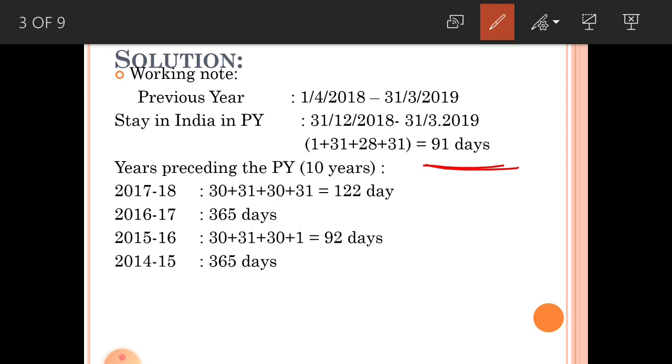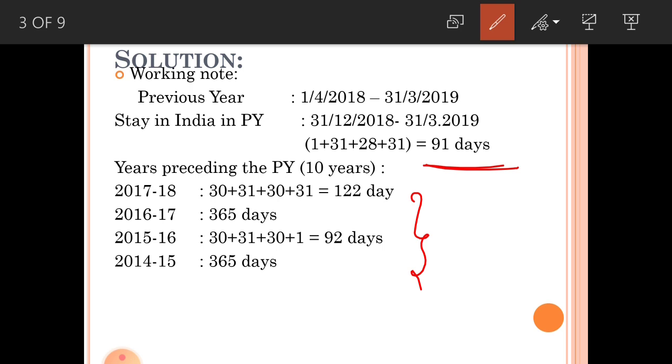Next he has to fulfill one more condition, that is 365 days in the 4 years immediately preceding the previous year. See here, 2017-18, 2016-17, 2015-16 and 2014-15 are the 4 years preceding the previous year. The total number of days in these 4 years exceeds 365 days. That means he fulfilled the basic condition and he becomes a resident of India.